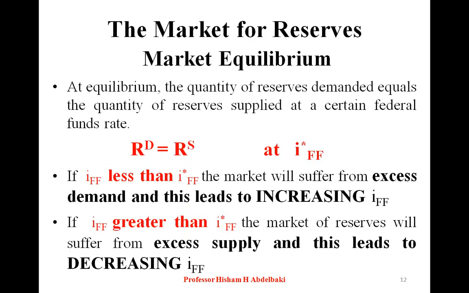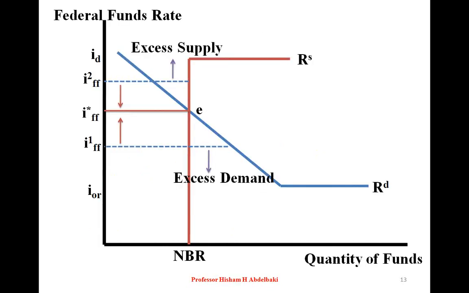So to study equilibrium we put both of them in one graph. Can we do it? Yes. Why? Think about the answer. The question is why we can draw the demand curve for reserves and the supply curve for reserves in one graph.